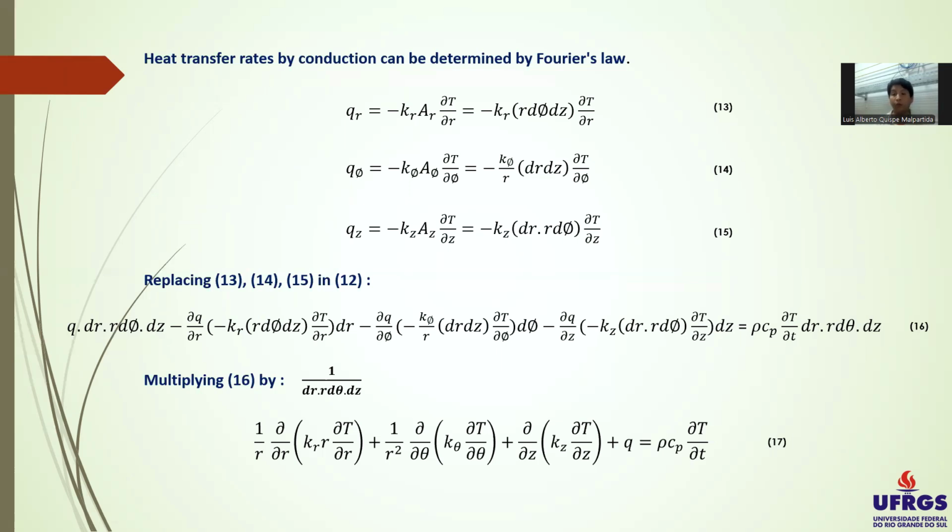Applying this law to the radius r, angle phi, and height z directions, we obtain equations number 13, 14, and 15. Then these are replaced in equation number 12. And after a simplification, we obtain expression 16. Finally, we multiplied equation 16 by 1 over the volume differential, obtaining expression 17, which is known as the heat conduction equation in steady state regimen.